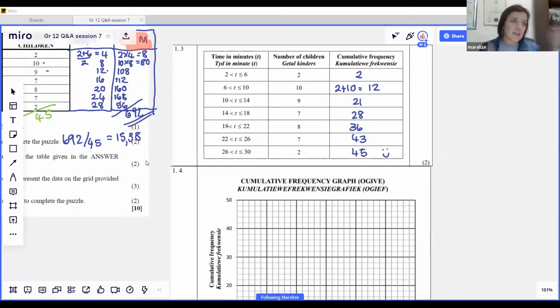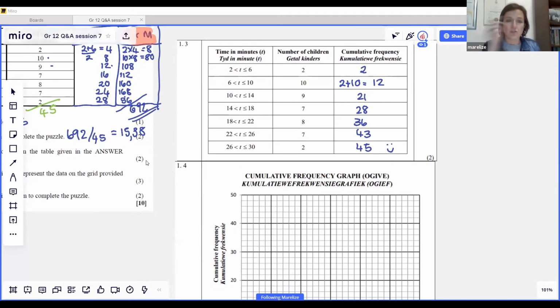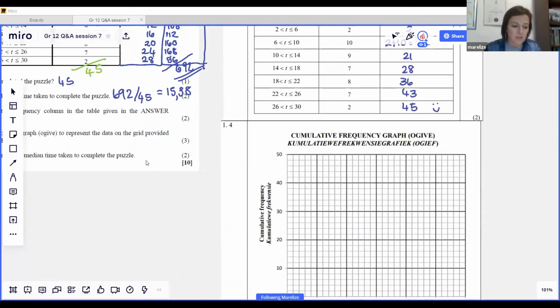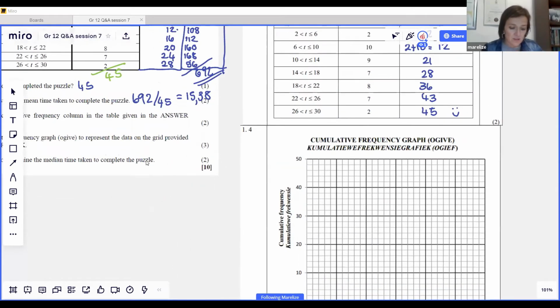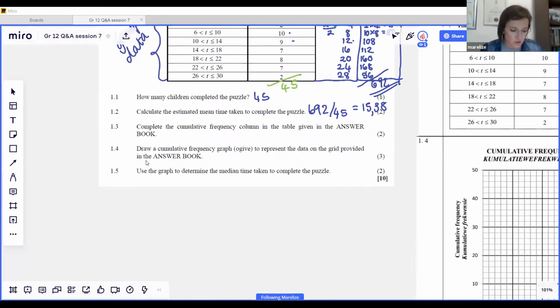If you didn't get cumulative frequency in your trial paper, it can very well come up in your final paper. So no doubt in your mind how to do cumulative frequency. You must know that you just do a rolling total and you add it up. So far we are in the realm of routine questions.